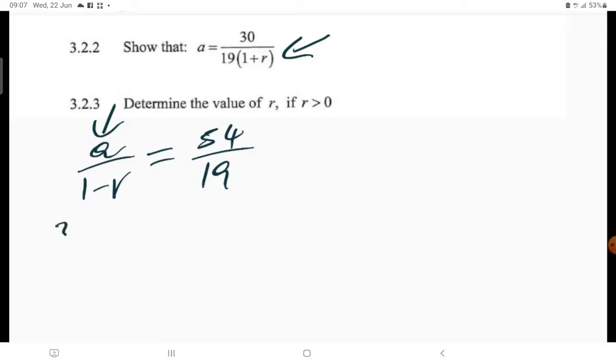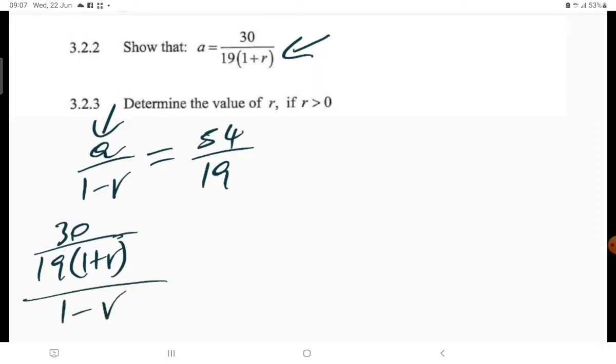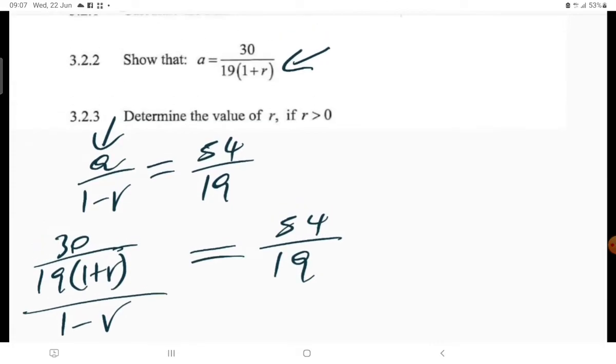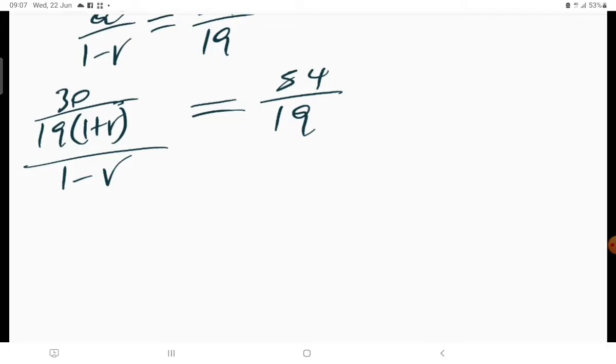So we have 30 over 19 into 1 plus r, then divided by 1 minus r, which is equal to 54 over 19. You need a little bit of algebra here. Which means in the place of a, we substituted this thing because we have figured out the value of a in terms of r.